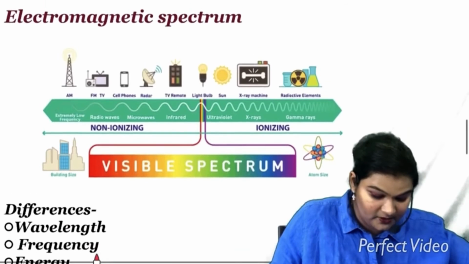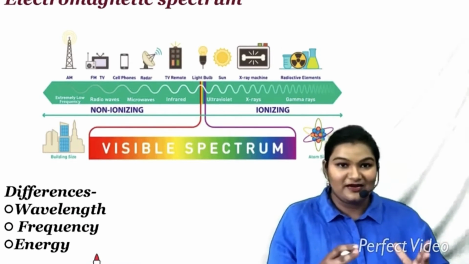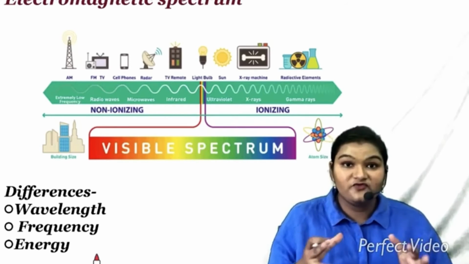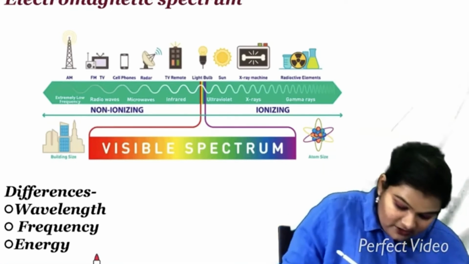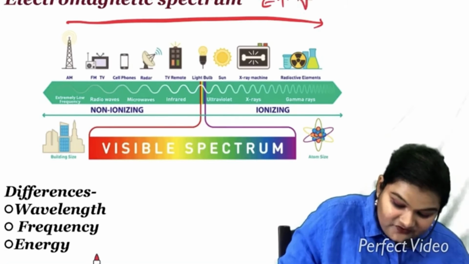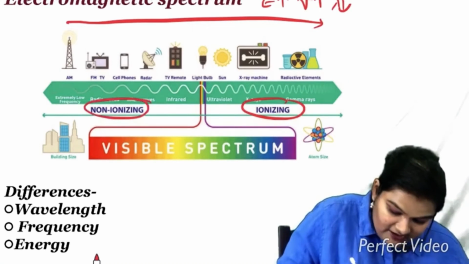Okay. Now let us move towards the electromagnetic spectrum. What is the electromagnetic spectrum? It's basically a bunch of different frequencies which are together in a group. Like from here to here, the energy is increasing, the frequency is increasing, and the lambda is decreasing. This is the ionizing radiation, and these are the non-ionizing radiations.